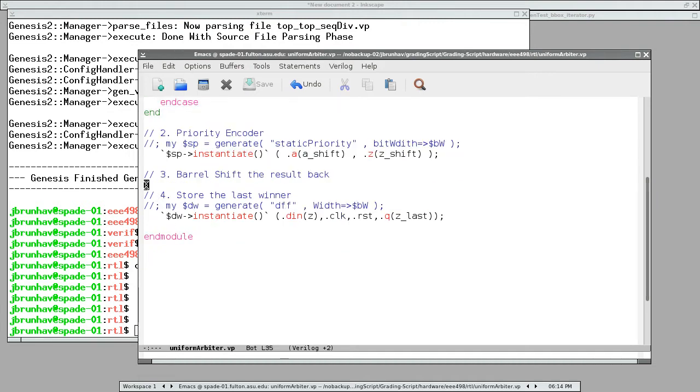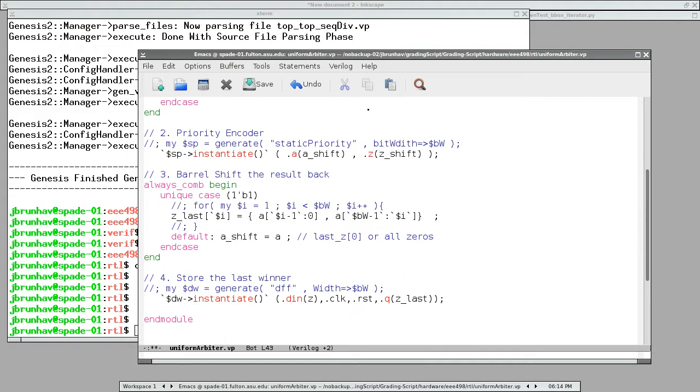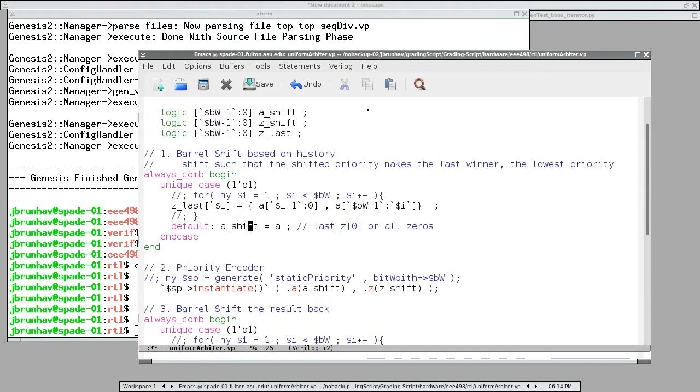Then we got to do that again here, but we need to go the opposite way. So this is probably the one that I'm going to muck up. Then we messed up the syntax up here. So the string matches on z_last, and then we're making a shift equal to that.